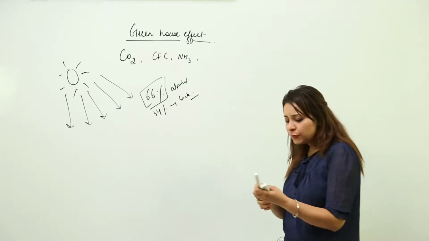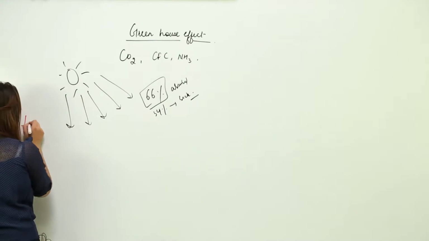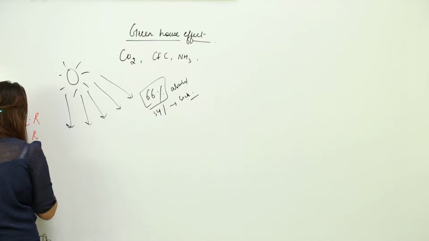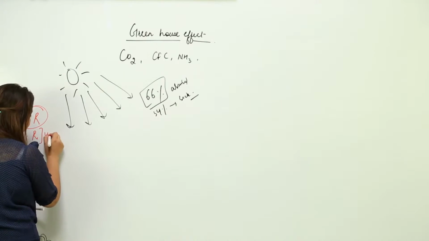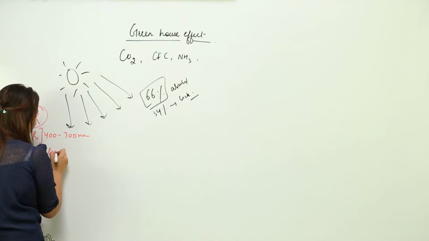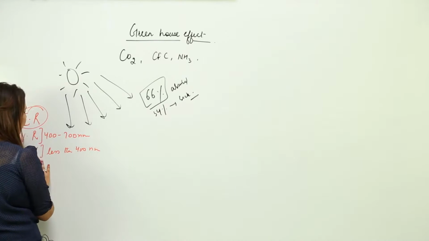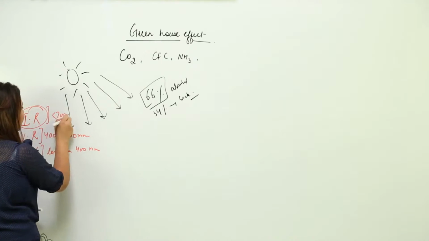The radiations which come from the sun consist of three kinds of waves: one is the infrared, another is the visible region, and the third is the ultraviolet. They have wavelengths less than 400 nanometers, 400 to 700 nanometers, and more than 700 nanometers.